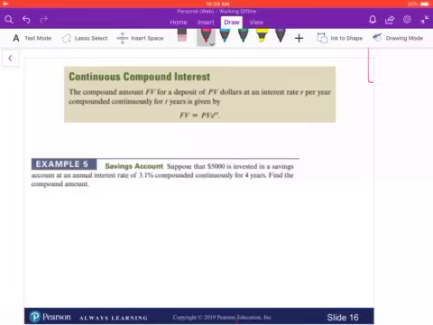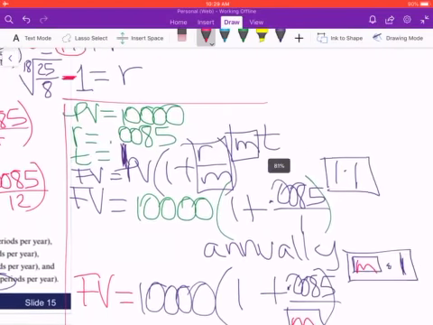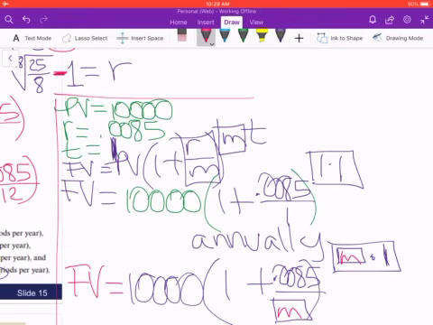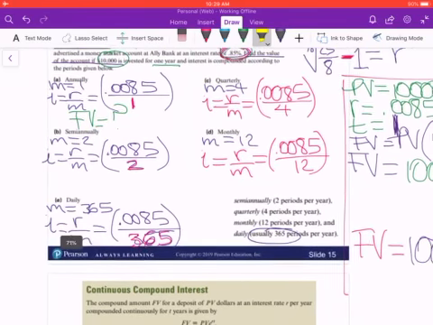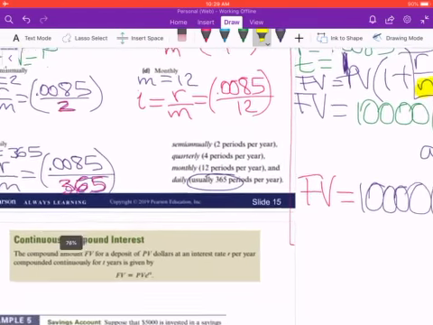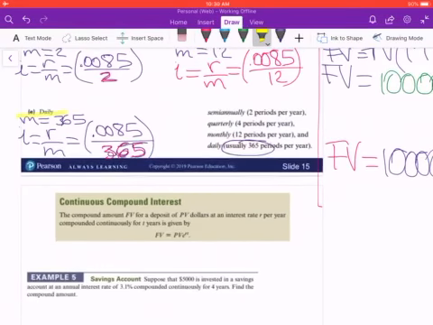And now for this one, we're going to step away from the compounded interest where a certain period of time is determined, like we did on the previous example, for annually, semi-annually, daily, quarterly, and monthly. And also, based on our calculator answers, we noticed that for daily, we had a little bit more at the end of 1 year.